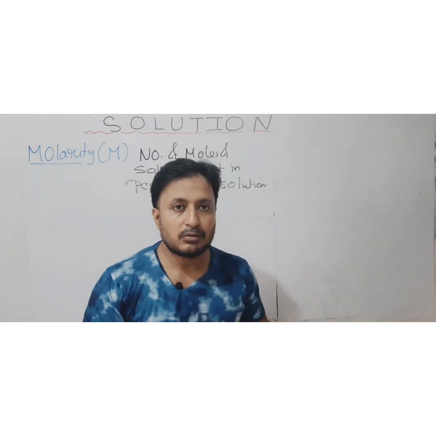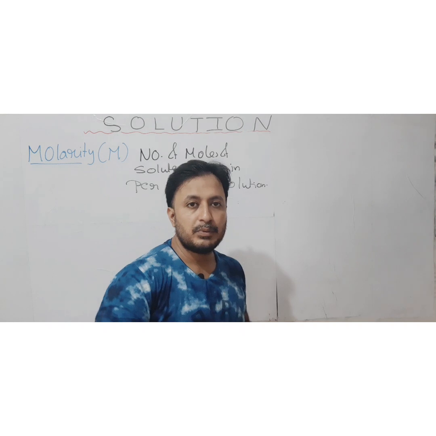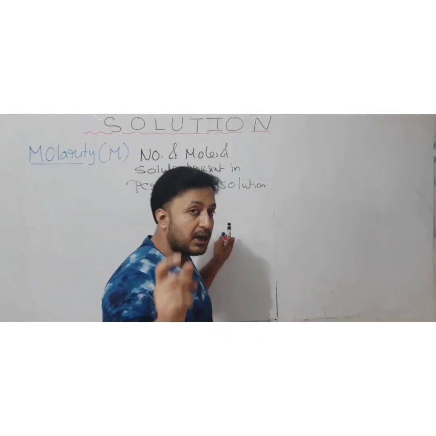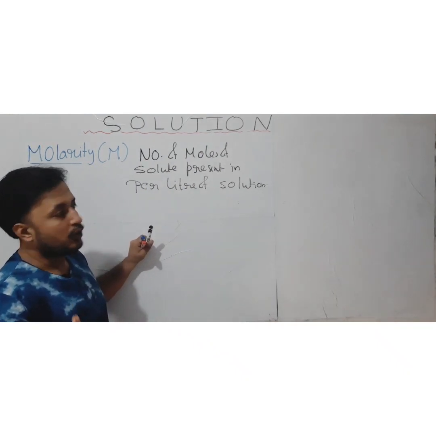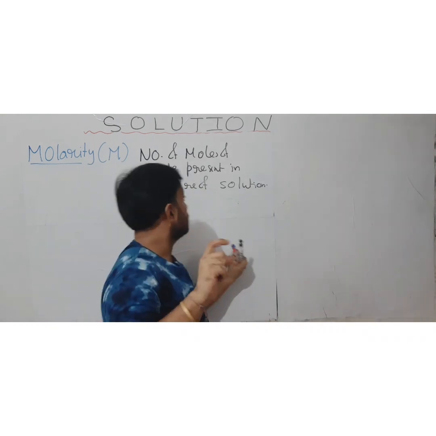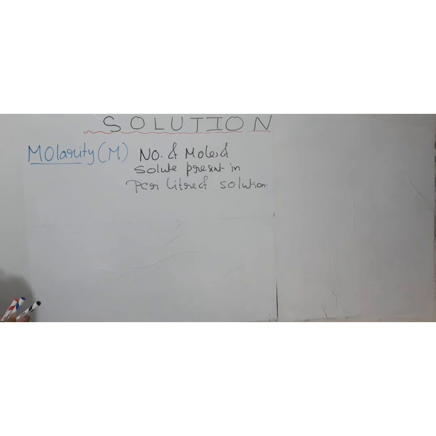Whenever we are preparing a solution in the lab, we are using the molarity, and whenever we are doing the practical, you will be getting the solution that is measured in terms of its molarity. Because when we are preparing a solution, basically we are creating a volume of a solution. So whatever the number of moles of solute present in that solution, that is known as molarity. Now there is a formula for it.